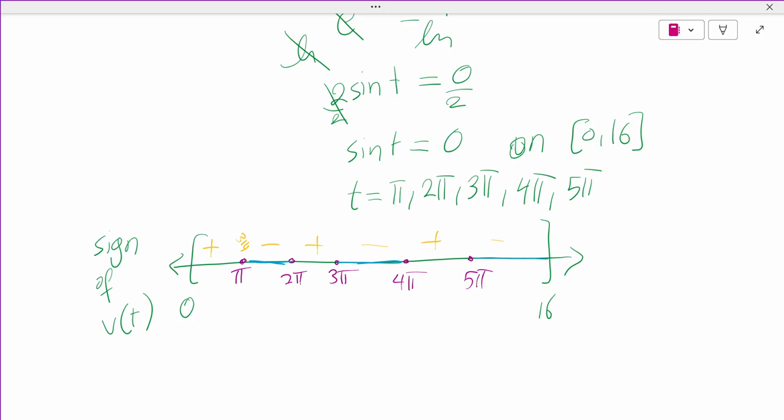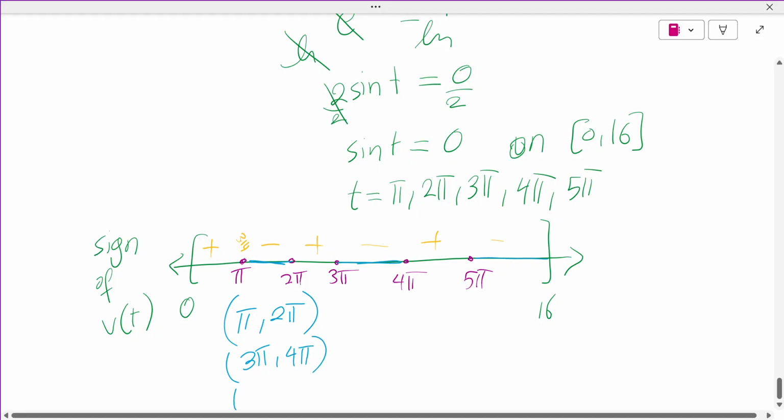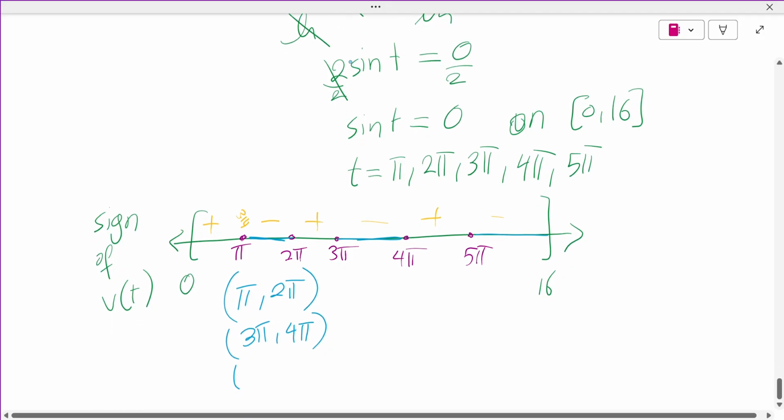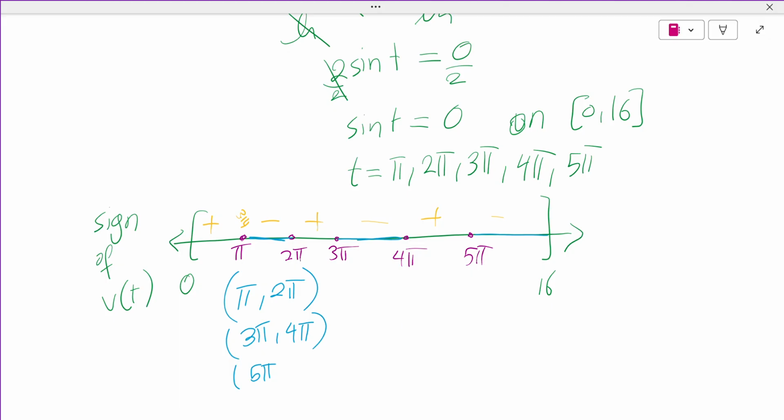So the first one is pi to 2 pi, and then 3 pi to 4 pi, and then the last one is 5 pi to 16, because the velocity is negative.